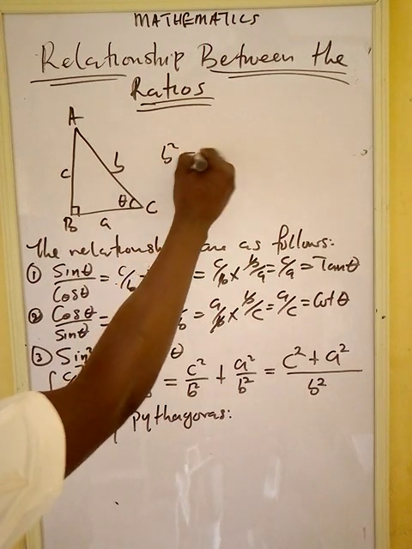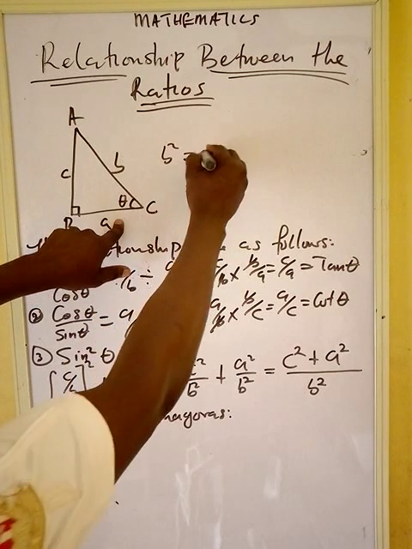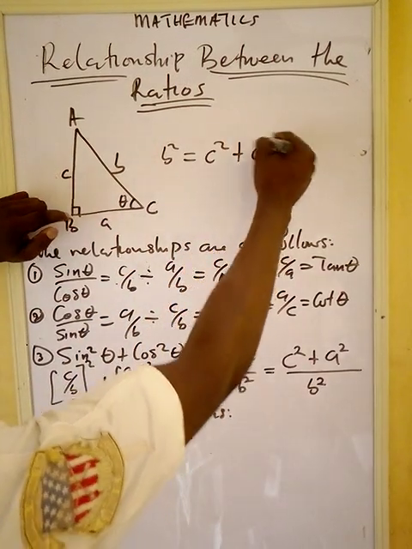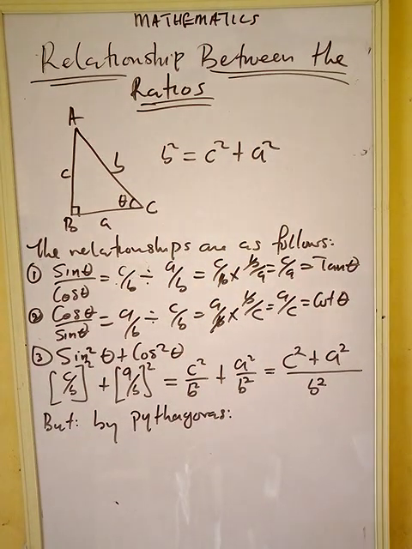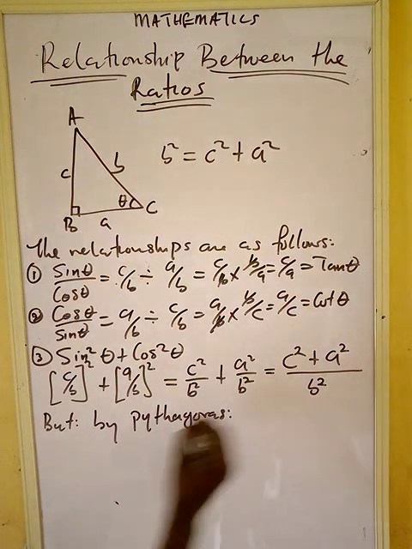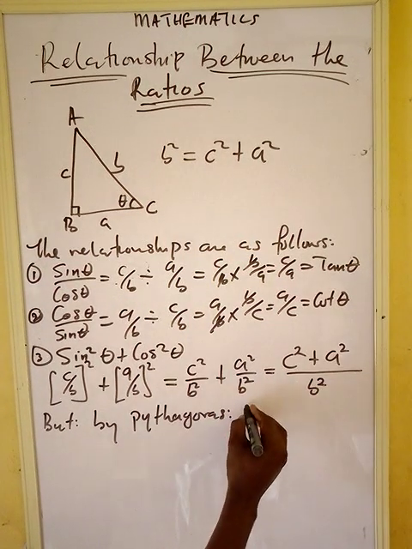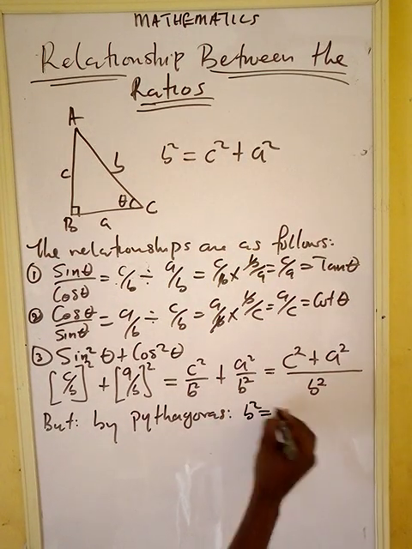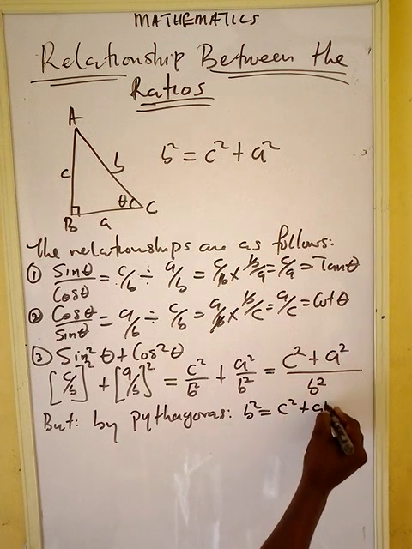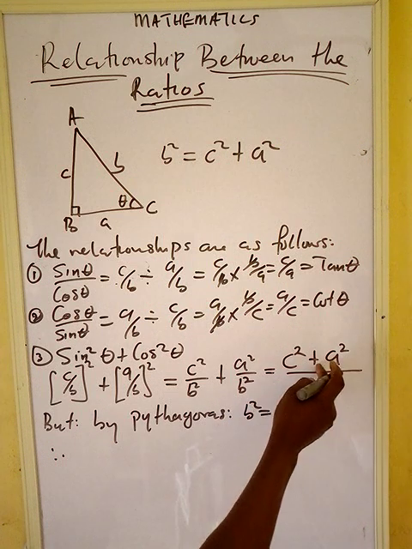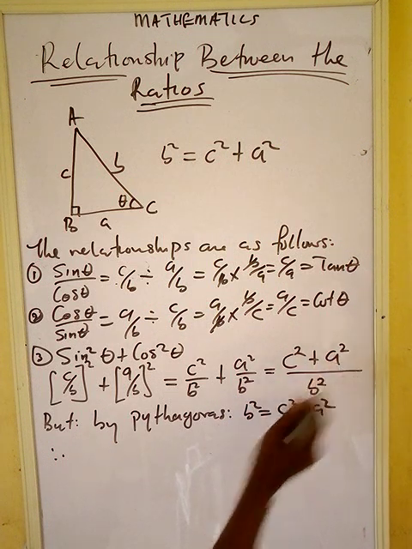By Pythagoras, hypotenuse squared equals c squared plus a squared, so b squared equals c squared plus a squared.